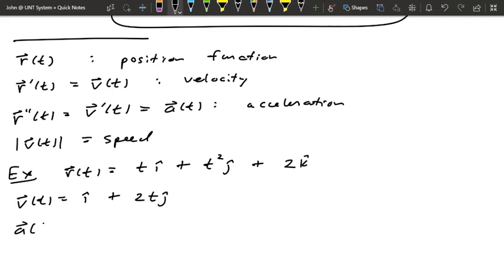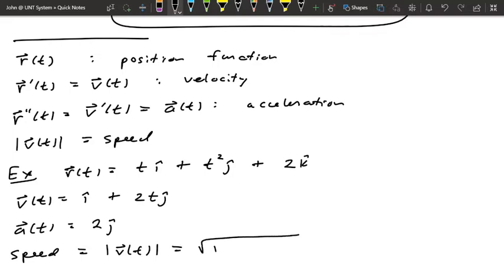The acceleration is the derivative of the velocity, which is 0i plus 2j. And then the speed is the length of the velocity, square root of 1 squared plus (2t) squared, which is the square root of 4t squared plus 1.